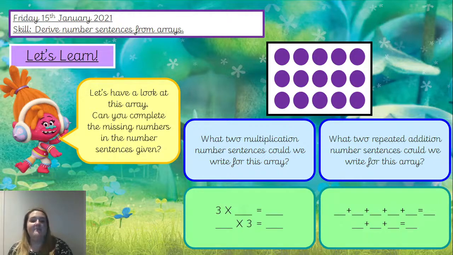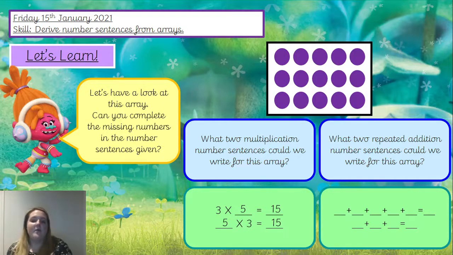Okay, let's see then. We have got 3 times 5, 3 groups of 5 equals 15. We've got 15 counters in total. We can swap those numbers around to get 5 times 3, which, because multiplication is commutative, gives us the same answer, which is also 15. Let's have a look at our repeated addition number sentences now.